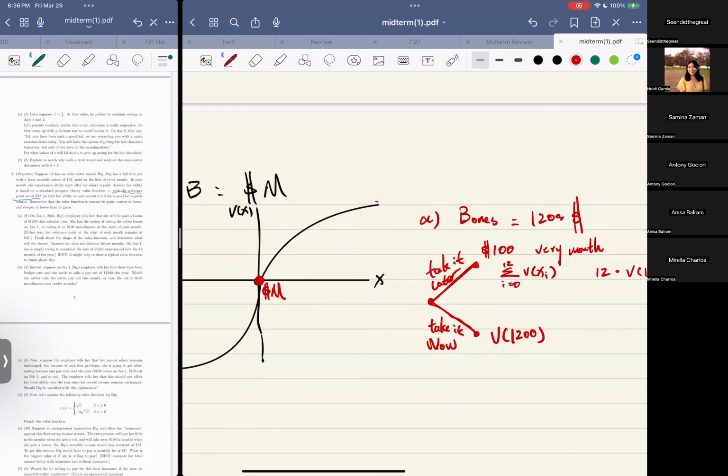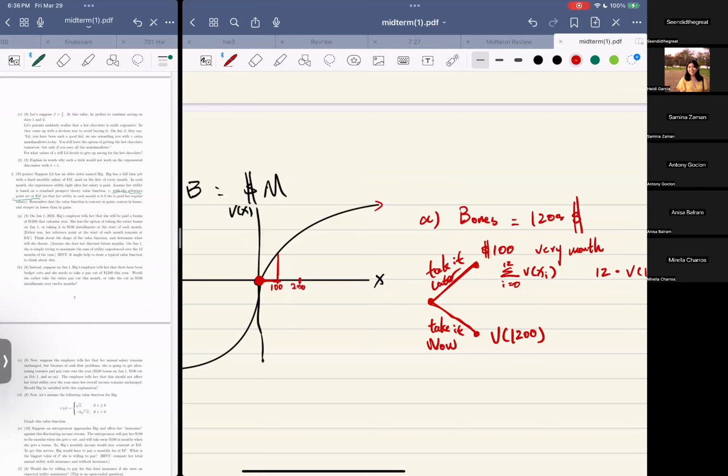If the gain is concave, then here is your initial $100. Let's say this is $100, and then we split it up into, let's put $200 right here.